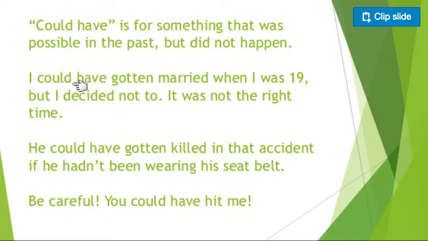So this is something that was possible in the past but did not happen. He could have gotten killed in that accident if he had not been wearing his seatbelt. Or be careful, you could have hit me. So could have here is something that was possible in the past but did not happen. So that is the use of could have.